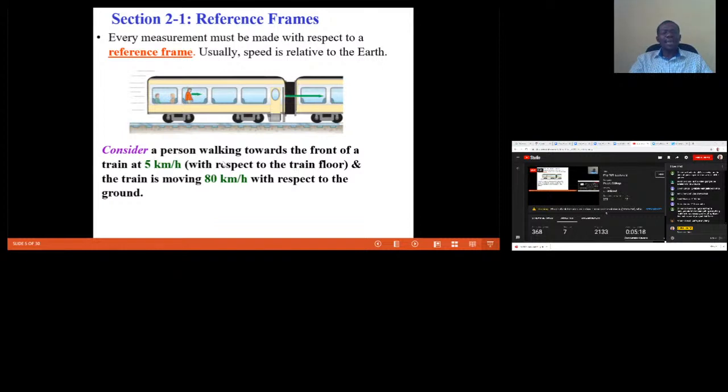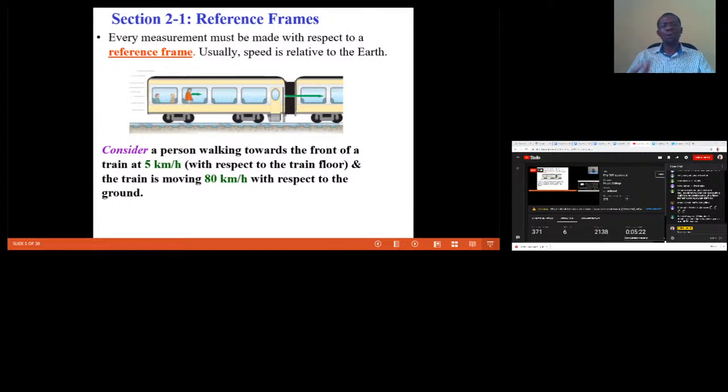So the person who is standing on the ground is going to observe a speed of 85 kilometers per hour. From this slide, what we have established is that the motion of the same object, when viewed from the train, is 5 kilometers per hour, but when viewed from outside the train, the speed of this object is 85 kilometers per hour.